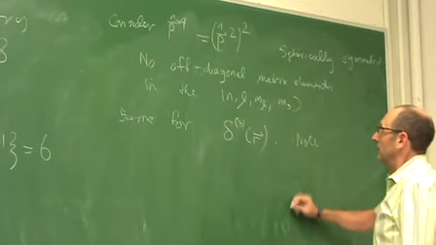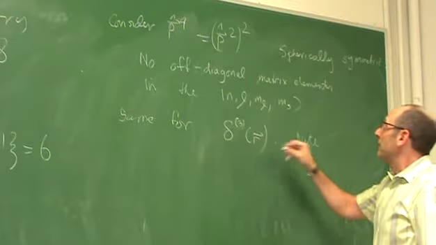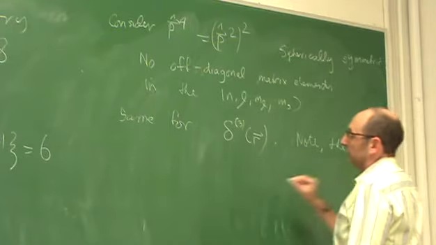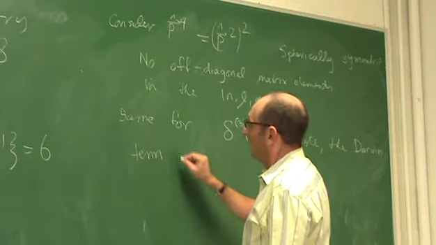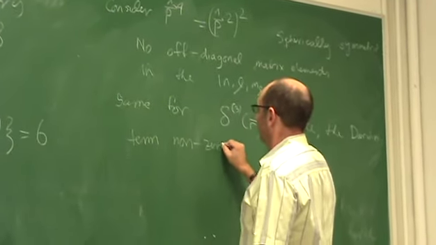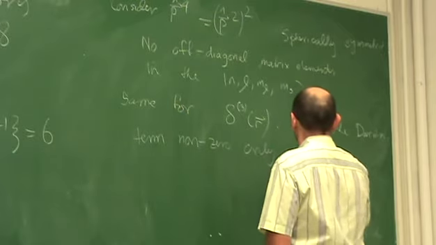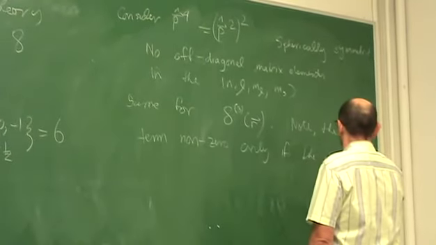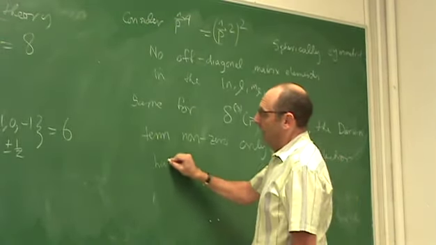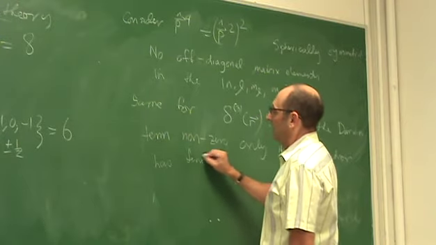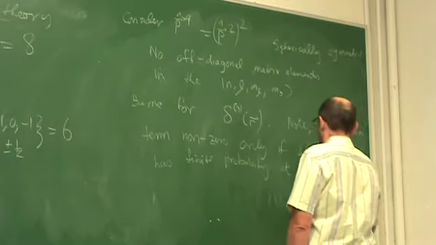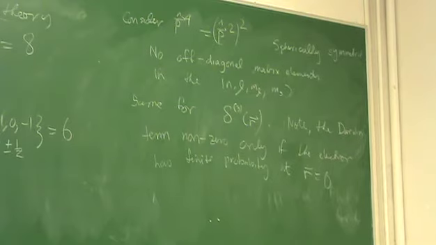Note, the Darwin term is non-zero only if the electron has finite probability at r equals 0, because it's a delta function at the origin.